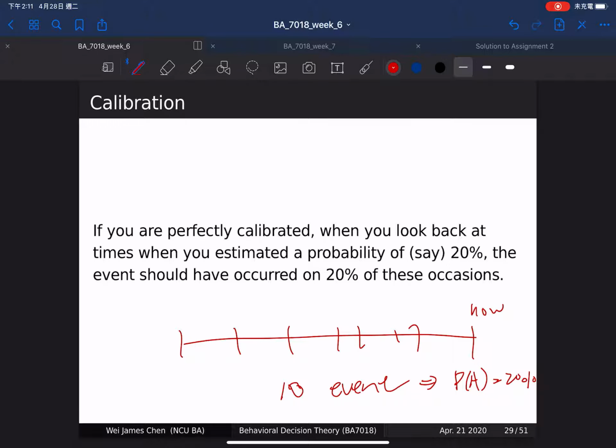If it turns out that out of these 10 events, event A actually happened twice, so out of 10 times, that's also 0.2, right? If these two equal each other, that's called perfectly calibrated.